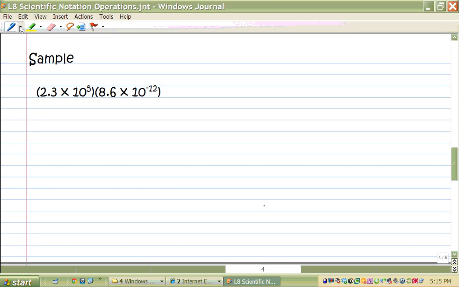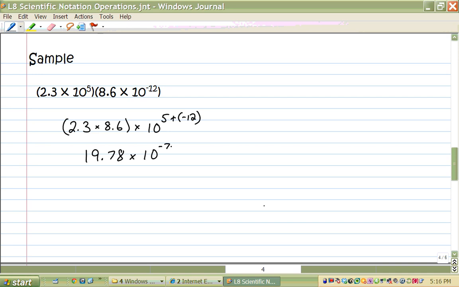Here's my sample. The rule says that you take your numbers, 2.3 times 8.6, and this will then be times 10 to the 5 plus negative 12. Well, I don't expect you to do this mentally. You can do this in your calculator. And you end up with 19.78 times 10 to the negative 7.